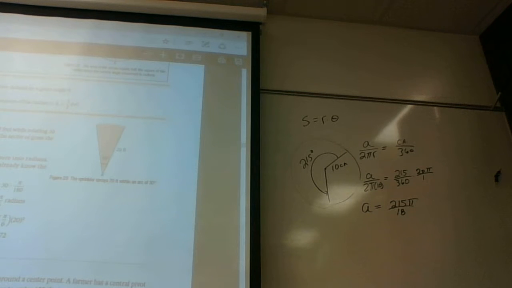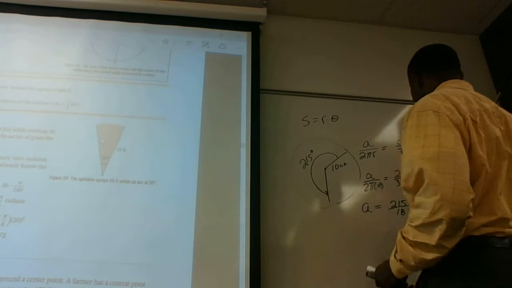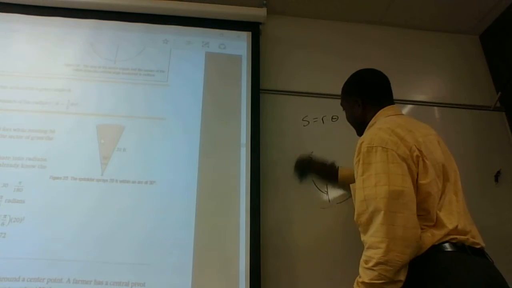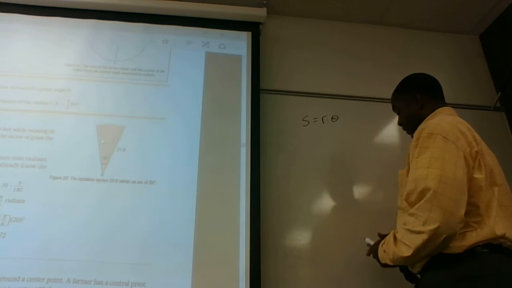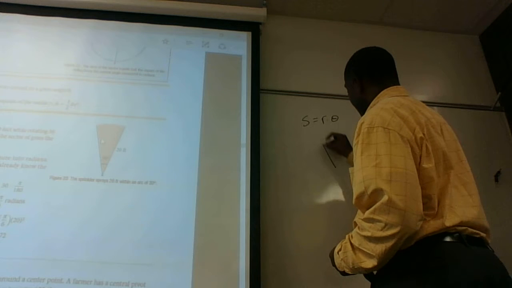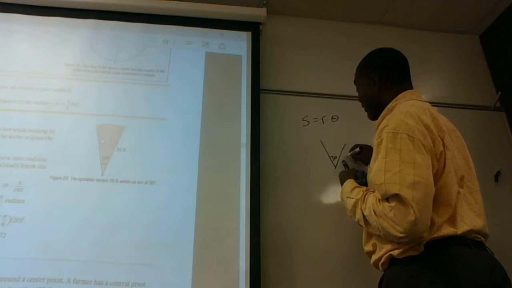They want us to find the sector area, and they say the water is sprinkling on the grass or the lawn. It's a 30 degree spin. It's spreading at a 30 degree angle for 20 feet. What is the area that it is covering? Here's a small slice, 30 degrees at 20 feet.